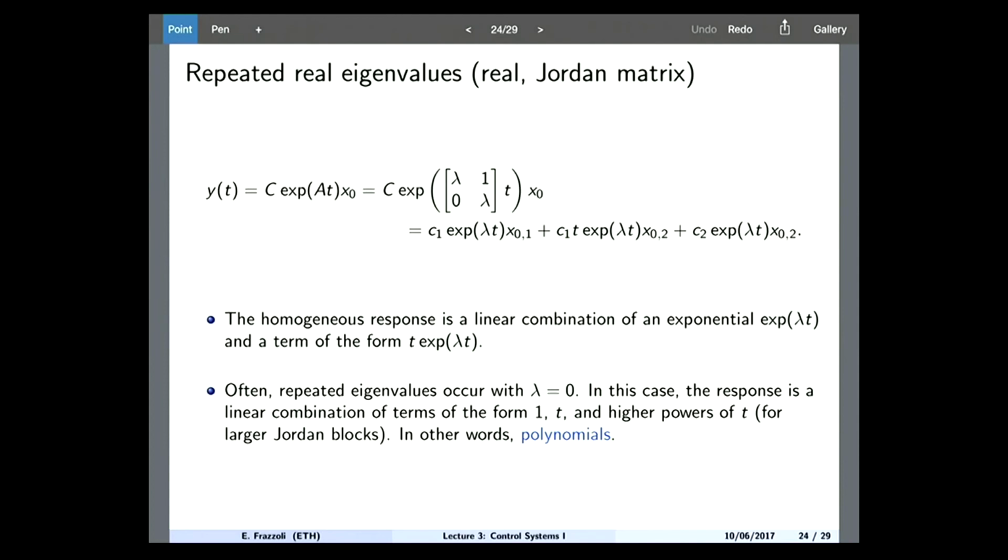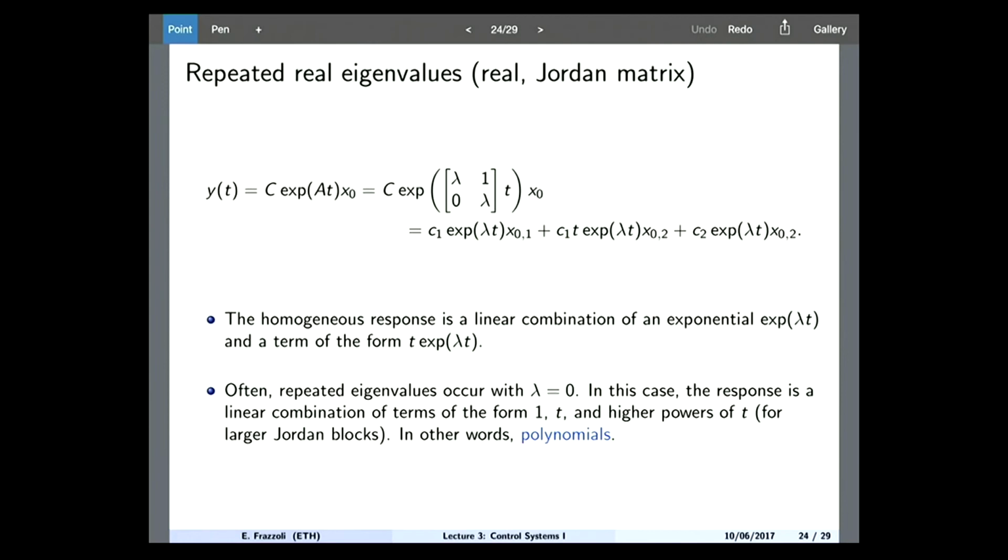Then you will have a linear combination of terms of the form 1, that is some constant, terms of the form t, that is some linear terms, and possibly higher order terms. So you will have a response that looks like a constant plus a linear term plus a quadratic term plus a cubic term, and so on. In particular, what you will get is polynomials.